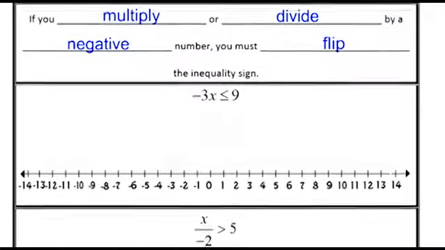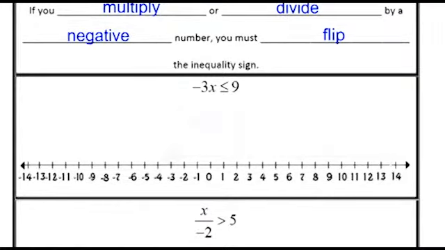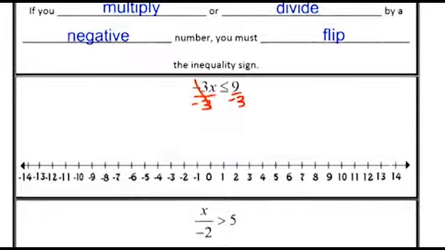Let's look at an example. So I have negative 3x is less than or equal to 9. What's happening to my variable? I'm multiplying by negative 3, so I'm going to divide by negative 3 on both sides. Well, that canceled. I just divided by a negative. So when I rewrite it, 9 divided by negative 3 is negative 3.